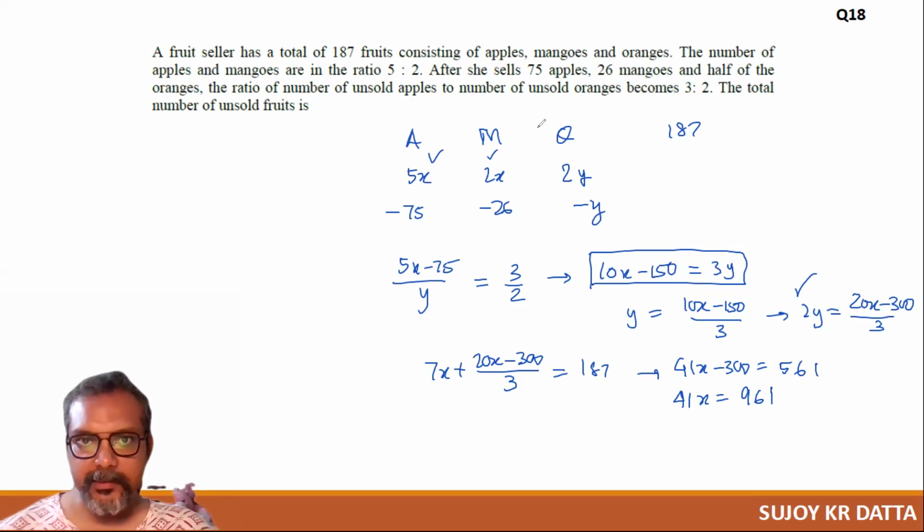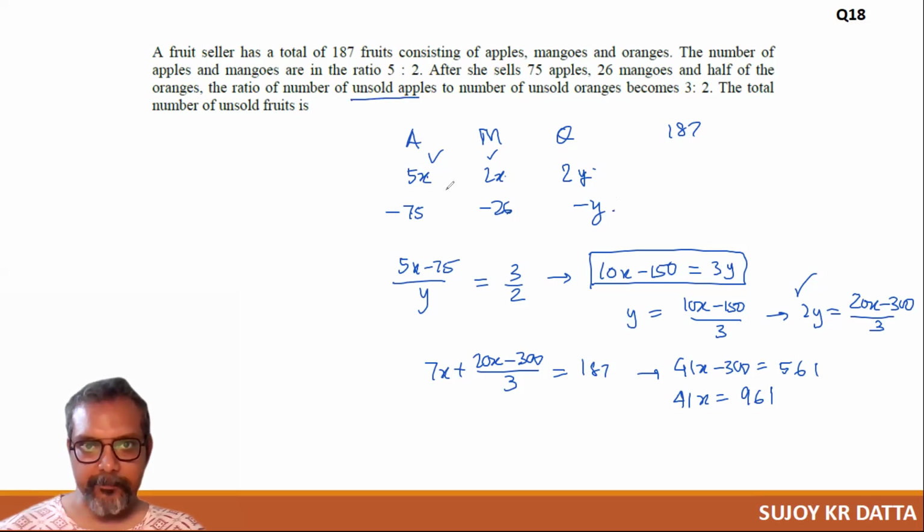So here once again, let me just check the calculation. 5x and 2x. I've taken oranges to be 2y. Then 75 and 26. And half of the oranges, so y.